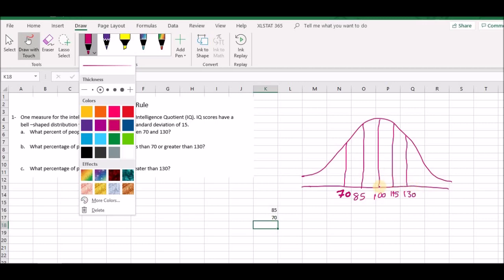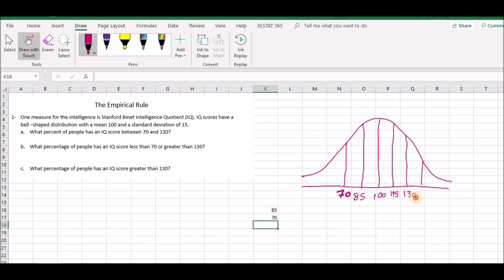Lastly, if you take the mean and add 3 standard deviations, you get 145, and if you subtract 3 standard deviations from the mean, you get 55.